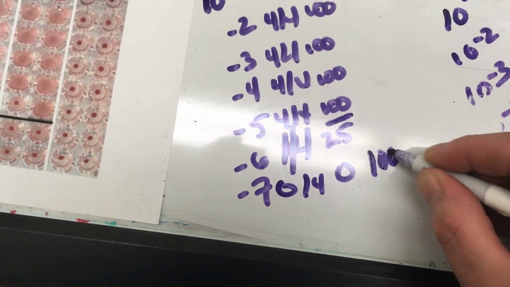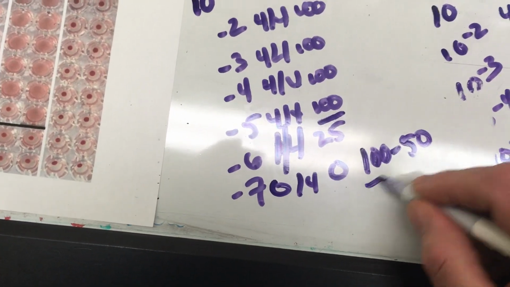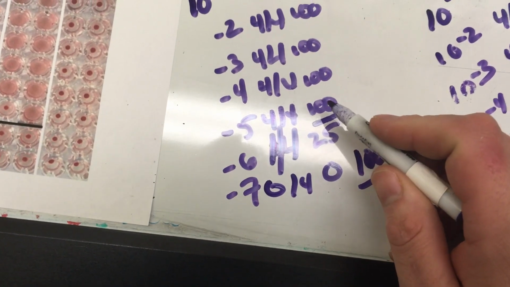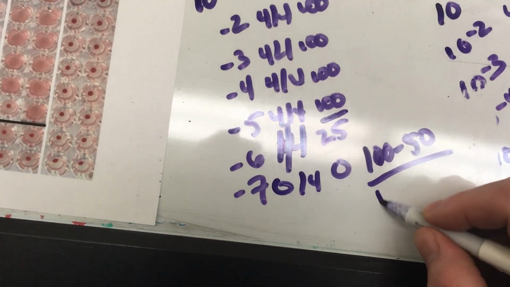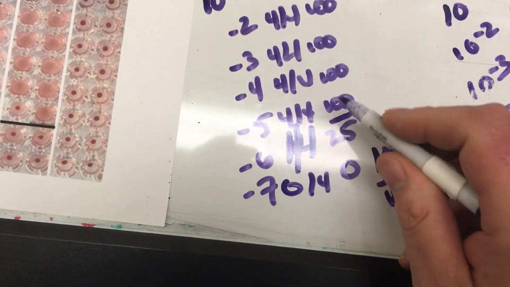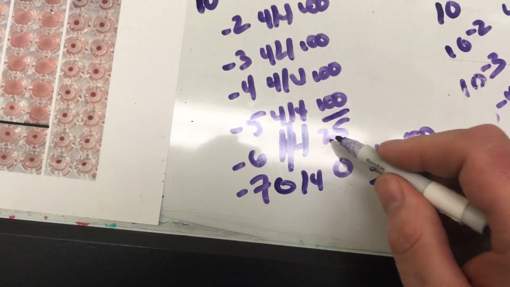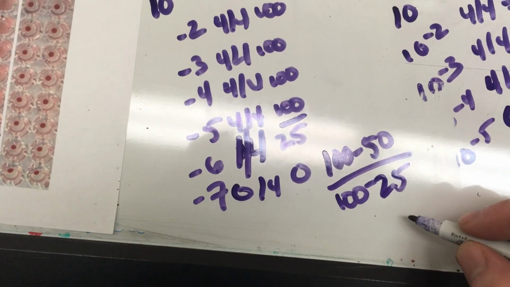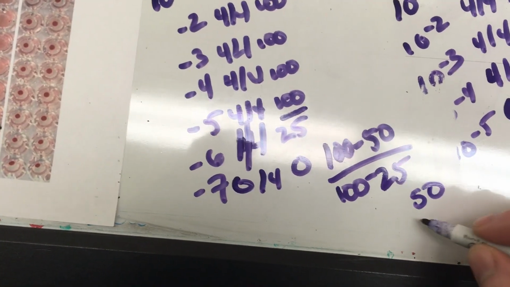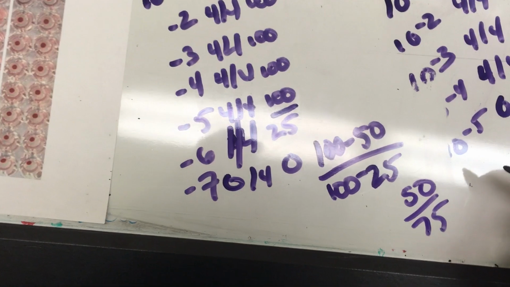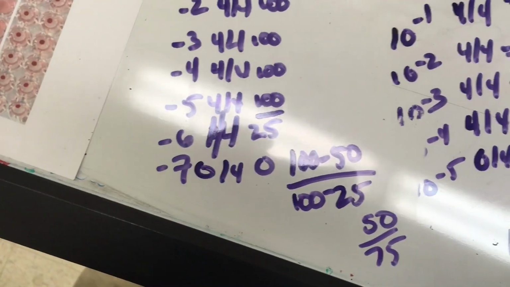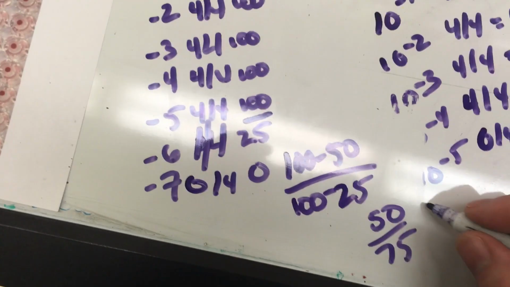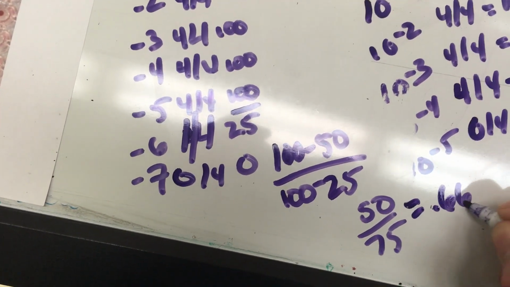It's going to be 100 minus 50, divided by that 100, because that's the next above 50, minus the next one below 50, which is 25. Okay? And so you're going to end up with 50 over 75, and that's going to equal 0.66.